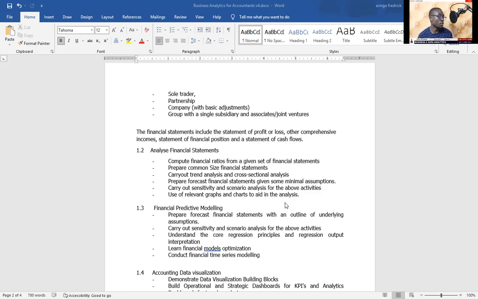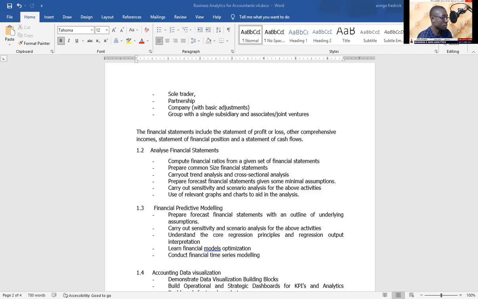Then we're also having the financial predictive model. At this point, we'll be using various tools. And that's why Molimo was saying that it's not only to do with Excel, because anytime you're talking about that one, it will also cover the other bit, the accounting data analytics.